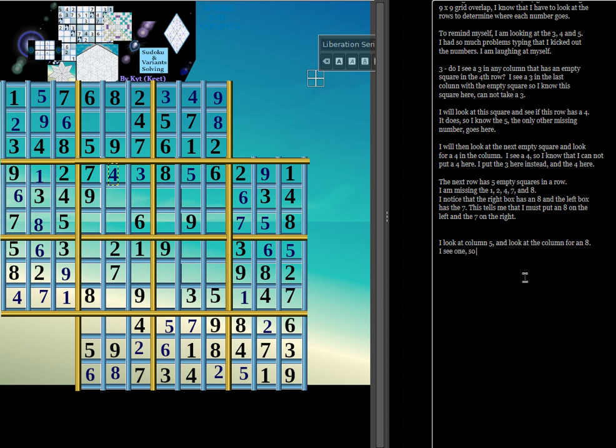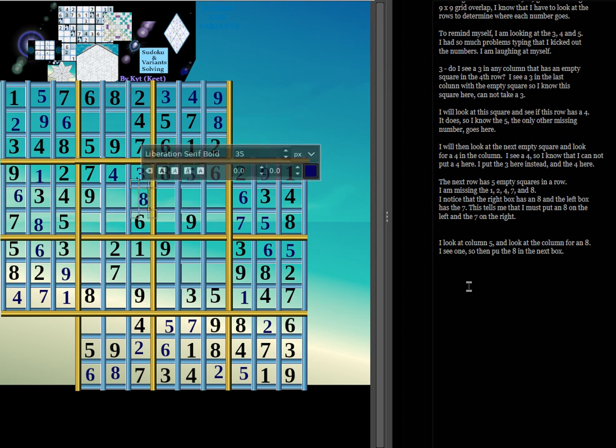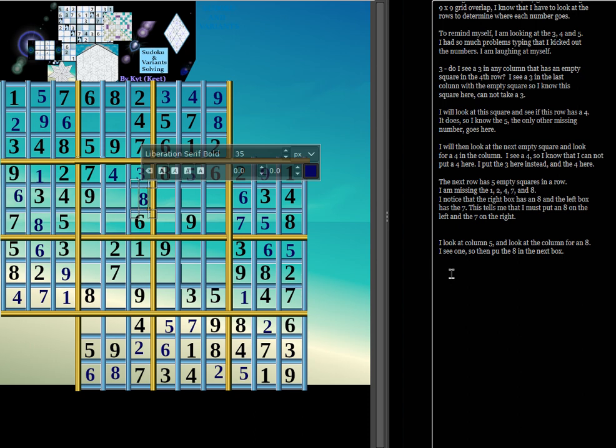I see one, so then put the 8 in the next box. We now have the 1, 2, and 4.